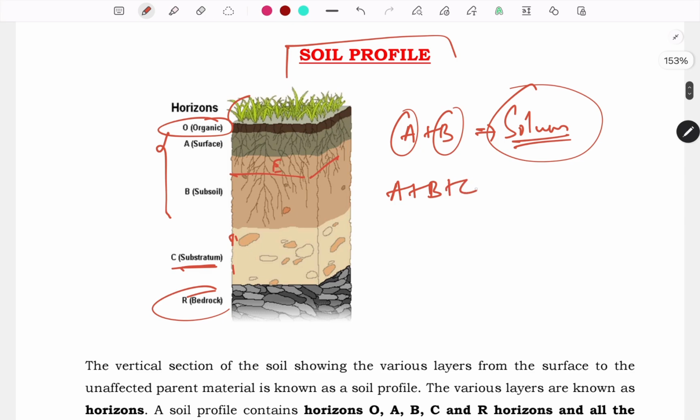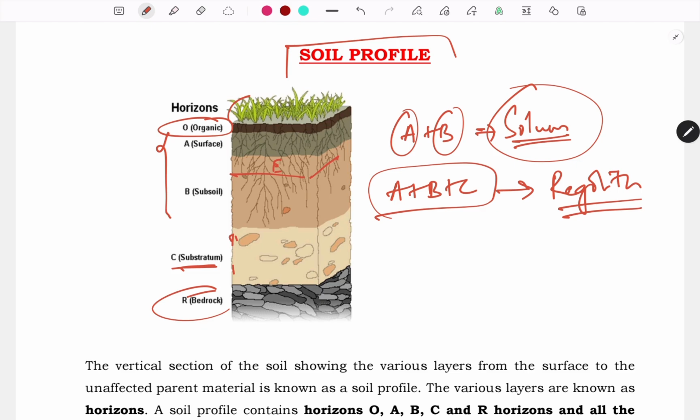A plus B plus C layers are called regolith. Remember this. This can be asked directly. So A plus B is called solum, A plus B plus C is regolith, and this is solum.